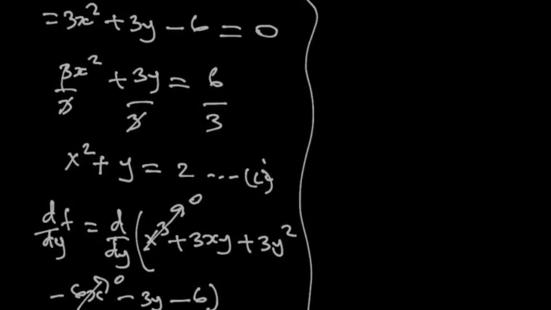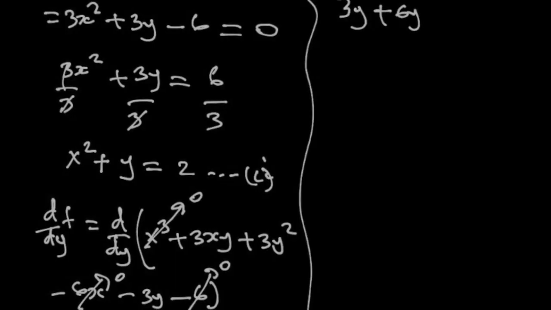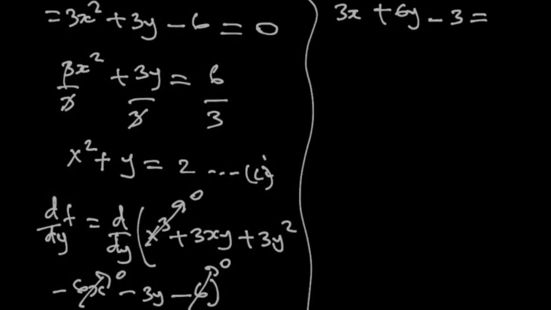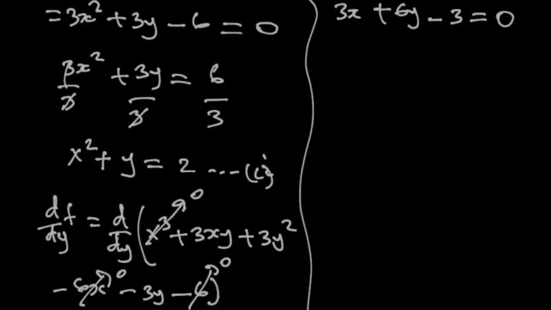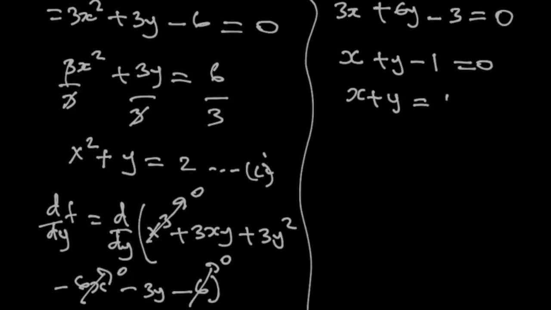So what we have here is 3x plus 6y minus 3, that will be equal to 0. To simplify it, divide both sides by 3 again, so x plus 2y minus 1 is equal to 0. That means x plus 2y is equal to 1.